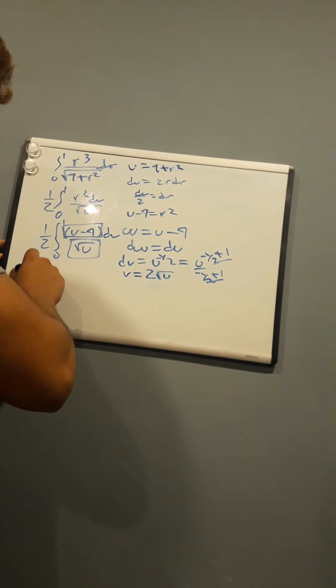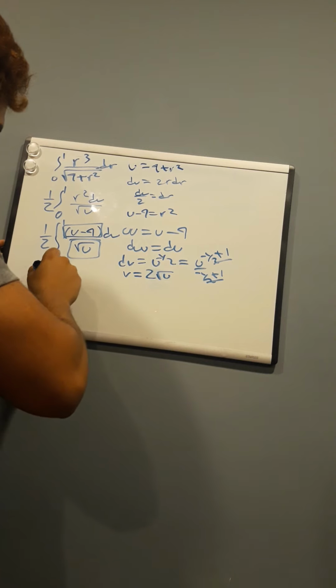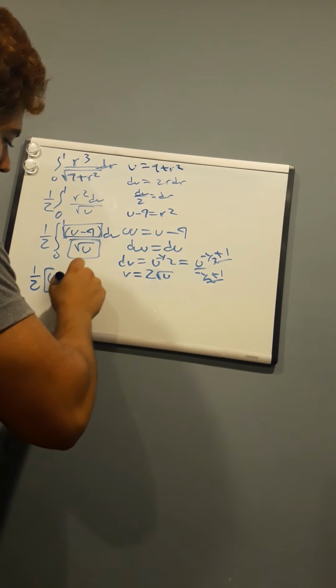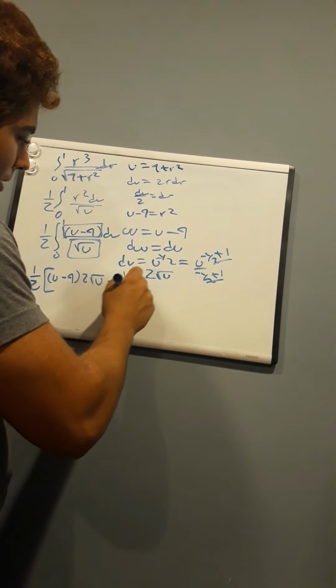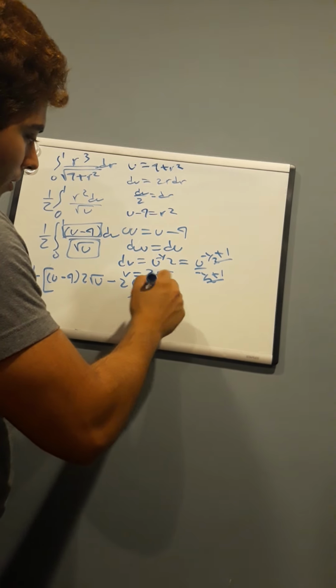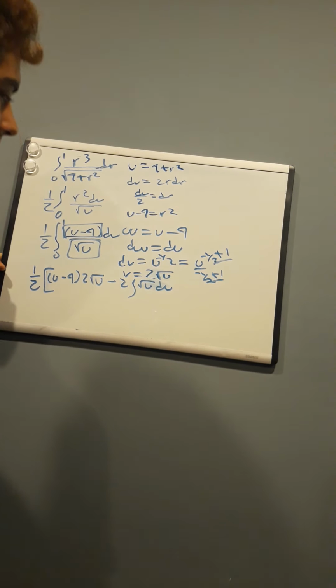So, apply everything we know to this. Multiply that 1/2 in later. So u minus 4 times 2 radical u minus the integral of 2 radical u du. Okay?